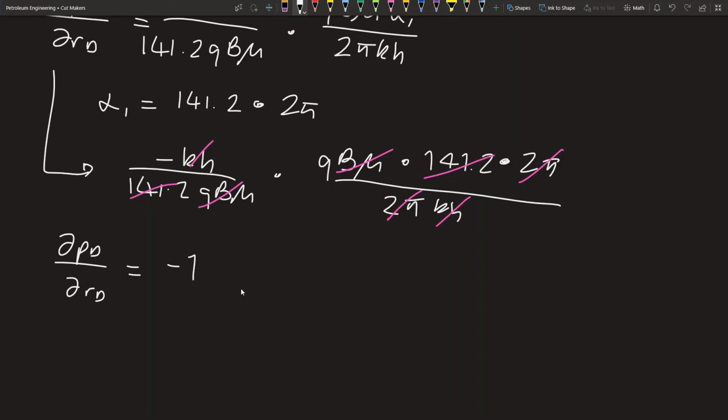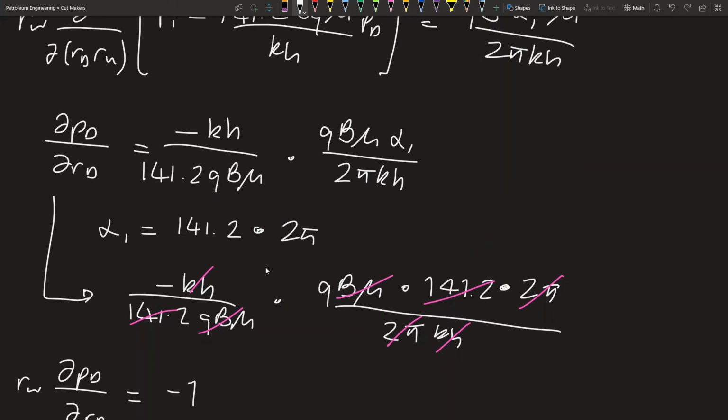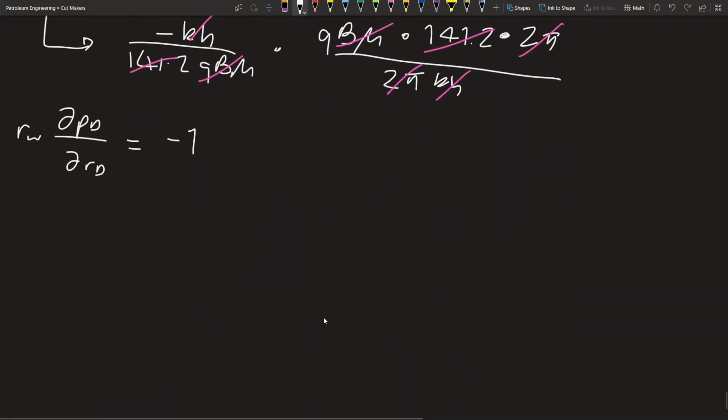Oh, and there's an r sub w here. Did I forget to do that? Yeah, this would be an r sub w. Okay, so finally we can rewrite this as r sub d dou p sub d over dou r sub d.